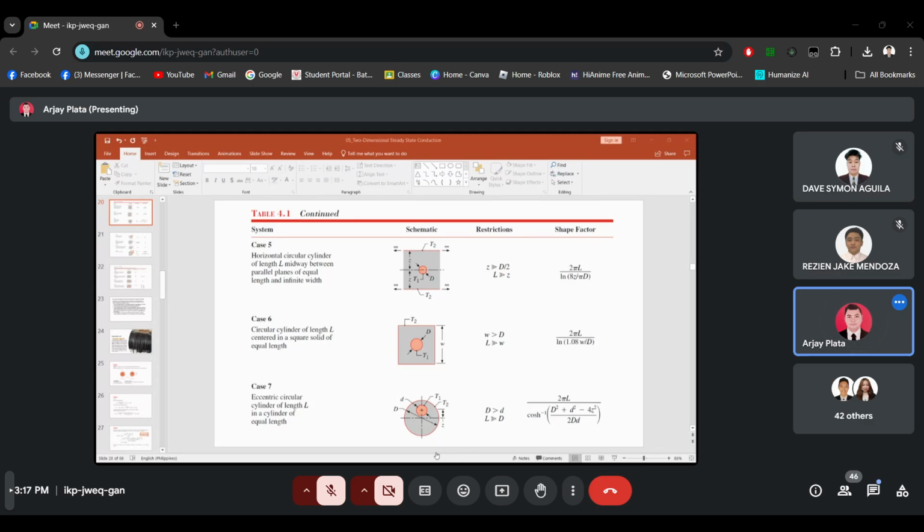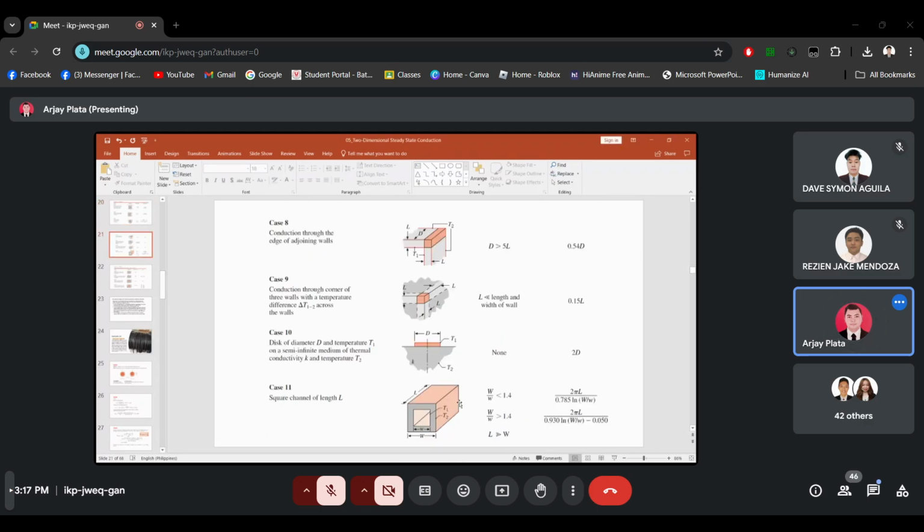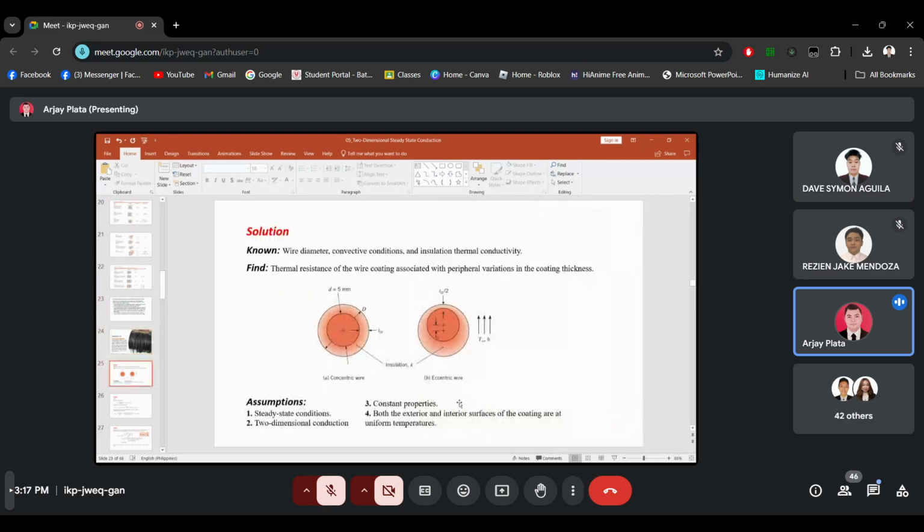Okay, so next. Note the wire diameter, convective conditions, and insulation thermal conductivity. We are looking for the thermal resistance of the wire coating associated with peripheral variations.